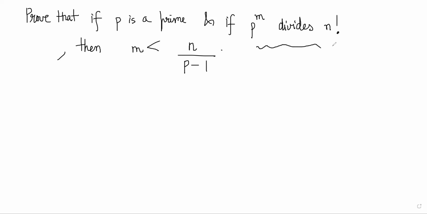So think about it. If p^m divides n factorial, he is saying that m should be less than n by p minus 1, right?